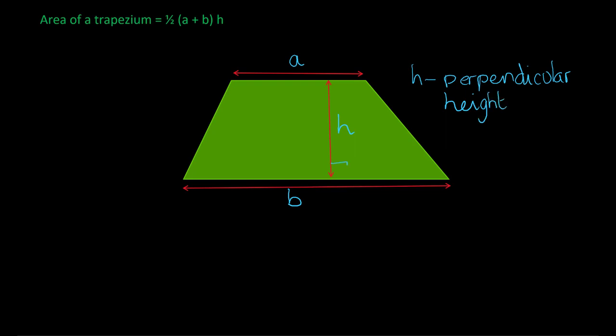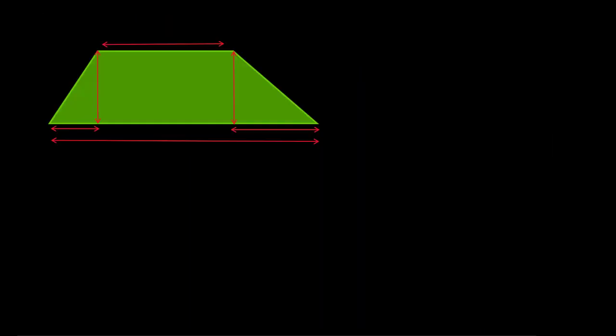Means it's at right angles to the base there. To use this formula, we're going to add the length of the top to the length of the bottom and halve that, and then multiply that by the perpendicular height. I'm going to show you where that formula comes from.